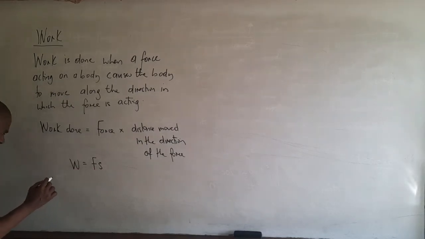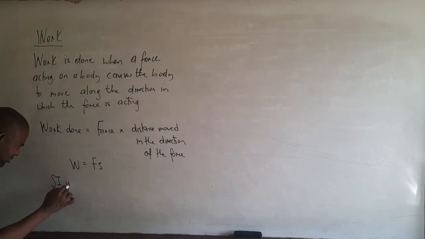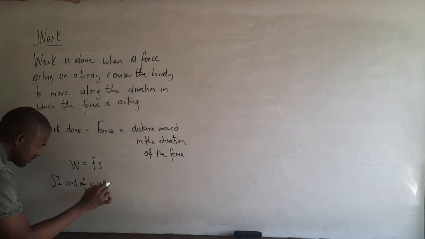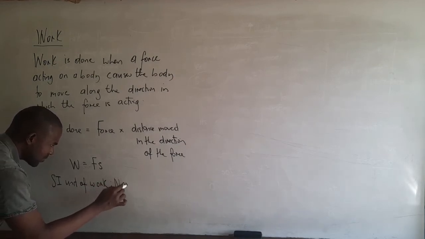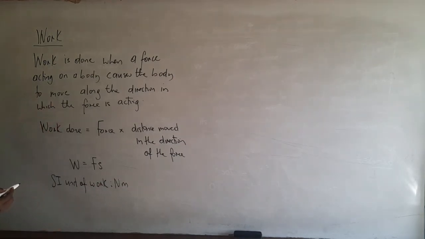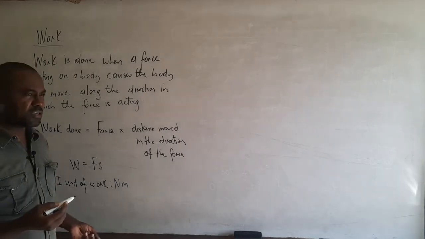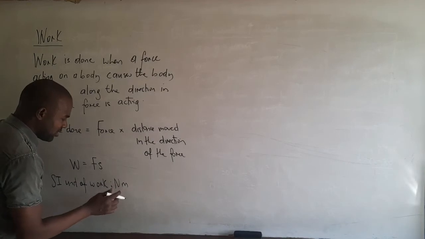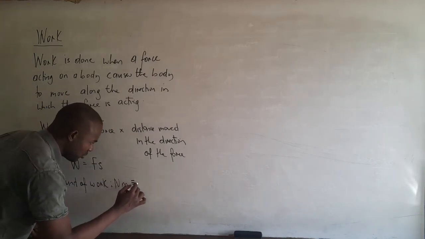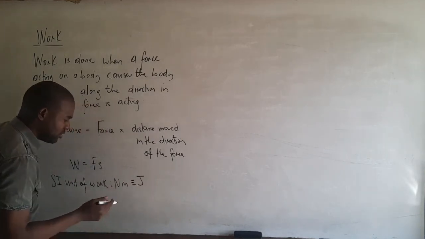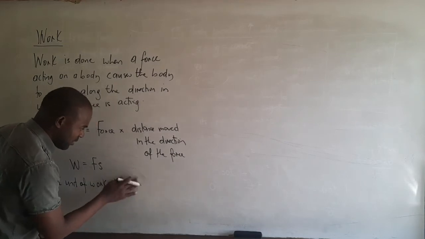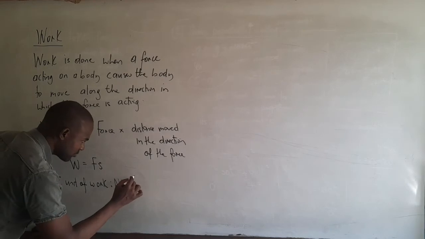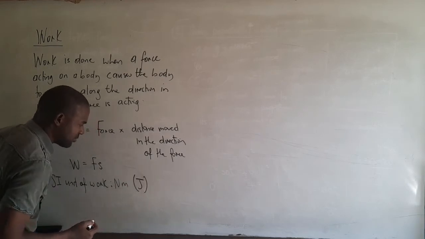So therefore it follows that the SI unit of work is the Newton meter. Right? But of course, when it comes to work, the Newton meter is equivalent to the joule. Right? Symbol for which is J.